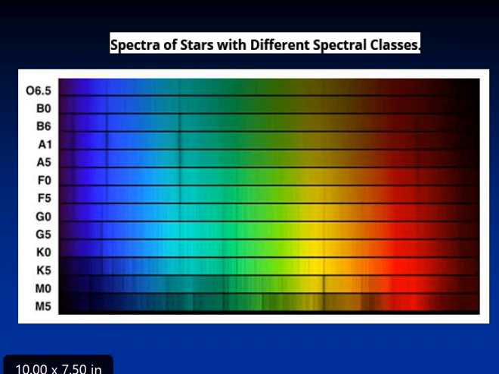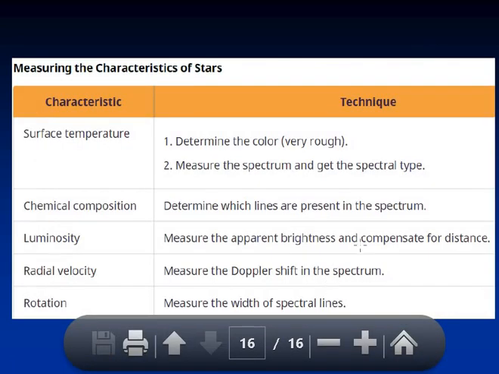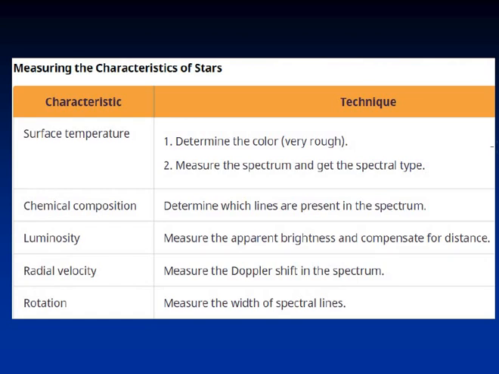Fine. So to summarize, this is what we have been doing since our first lecture. We have been trying to measure the various characteristics of stars. We measured the surface temperature by determining the color, which is a rough estimate. A better technique is measuring the spectrum, and then we get the idea about the spectral type. What about chemical composition?